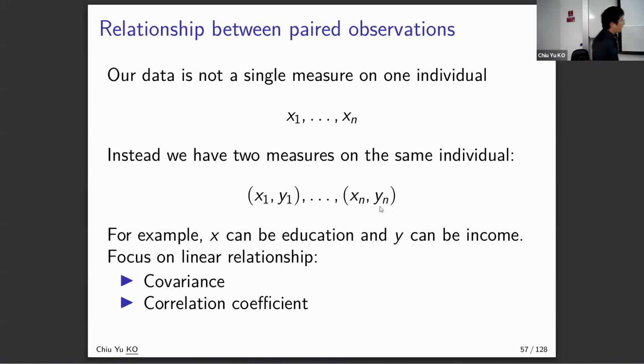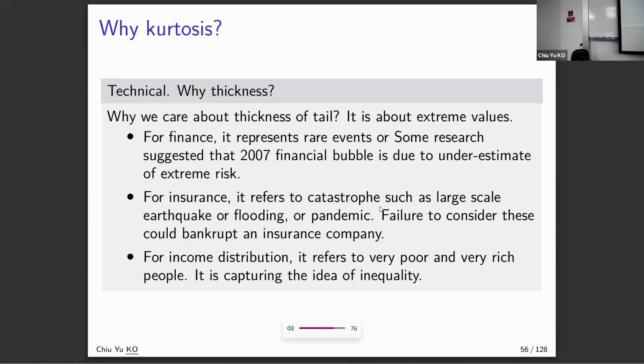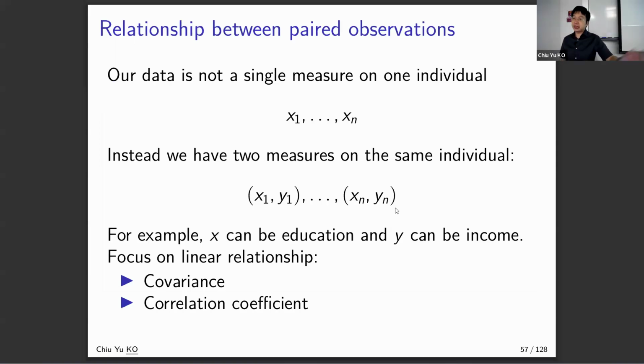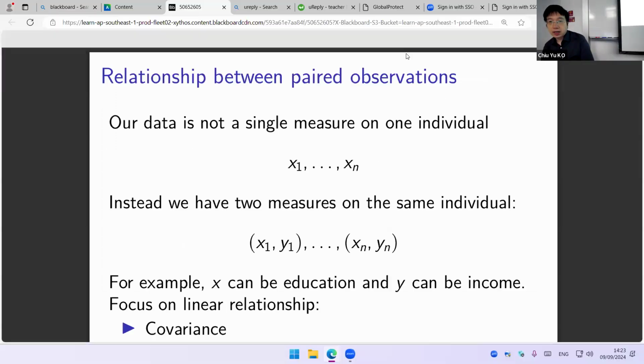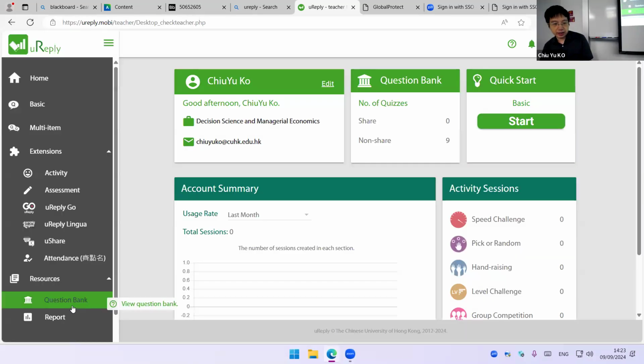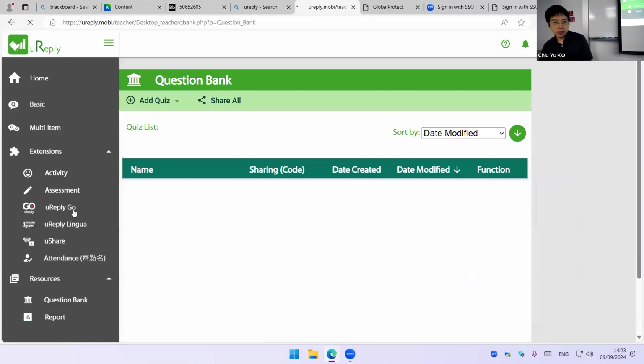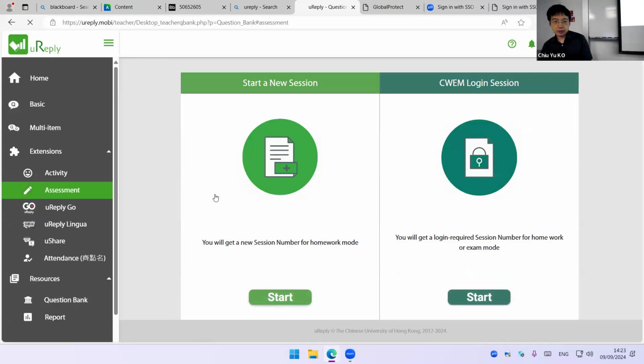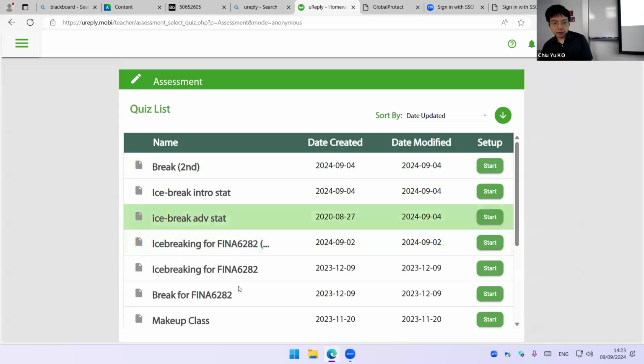So I guess it's time for a break. After the break, we'll talk about how to relate two sets of observations. So far, everything we learned was about describing a single one-dimensional measurement. After the break, we talk about how to relate two things. In the meantime, have a break of 15 minutes, and I will open the poll where you can answer and tell me how well you're going.